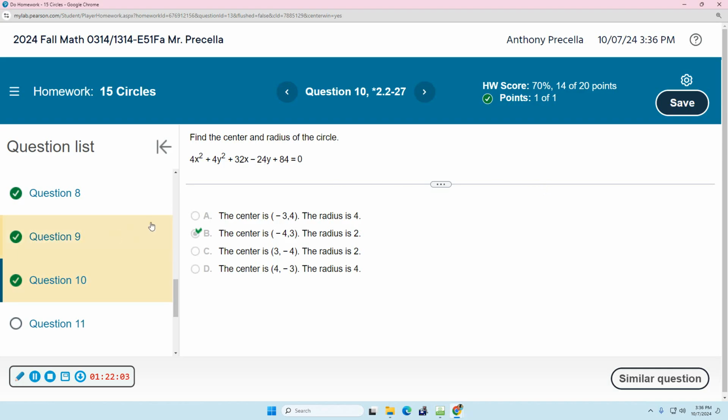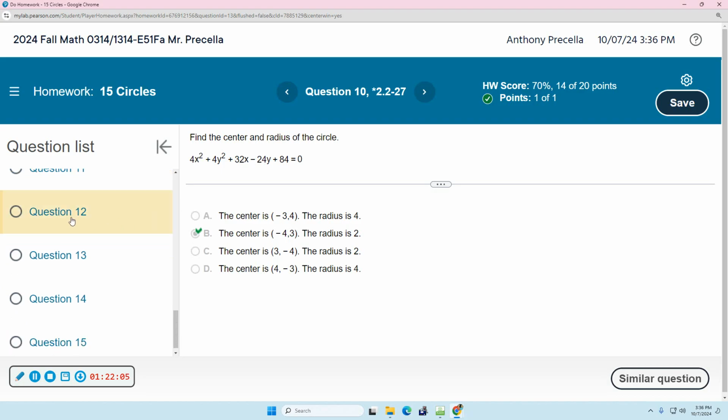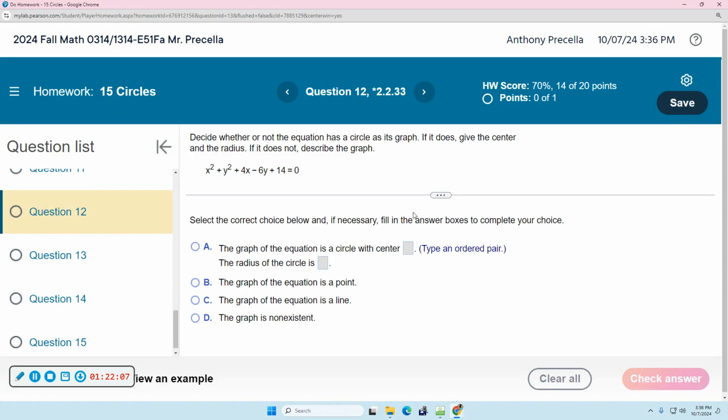Number 12. We'll go back to number 11 in a minute, but number 12. Decide whether or not the equation has a circle as its graph. If it does, give the center and radius. If it doesn't, then describe the graph.